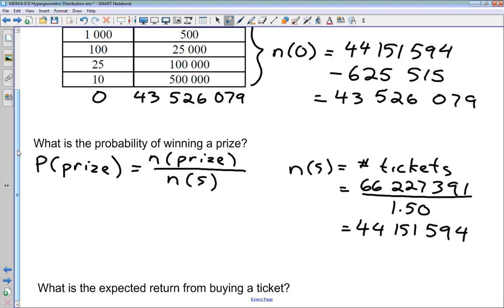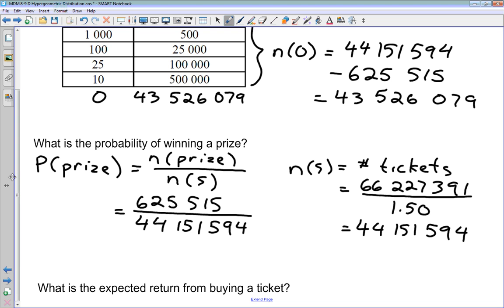Back to our original question here, what is the probability of winning a prize? Well, we know now that the number of prizes is 625,515. We know that the number of tickets is 44,151,594.